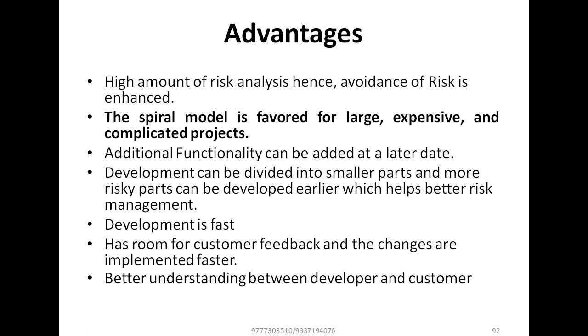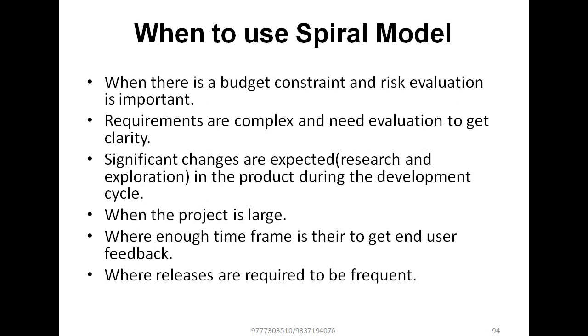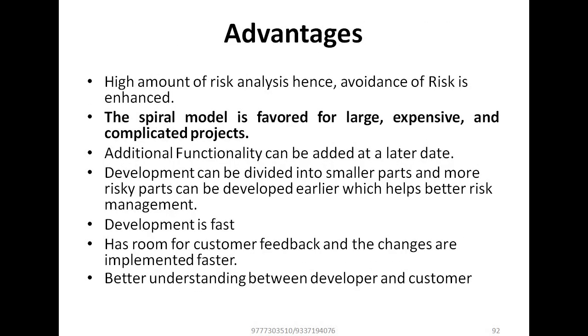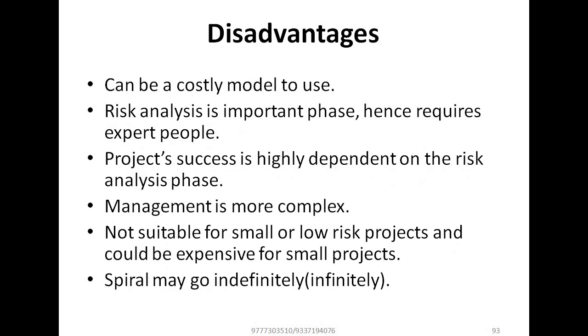All the previous models, whether your waterfall model or prototype model, are only suitable for small projects, but the spiral model is generally used for large and expensive projects. Next, additional functionality can be added. Development can be divided into small parts like different phases in the spiral, and more risky parts can be developed earlier, which helps better risk management. Then development is fast because it is divided into smaller parts. Better understanding between developers and customers is there in the spiral model.